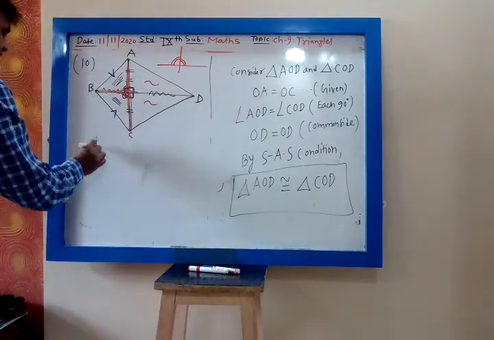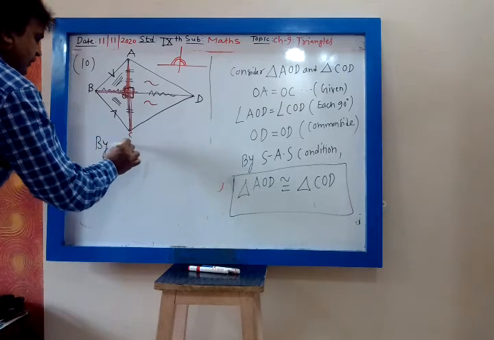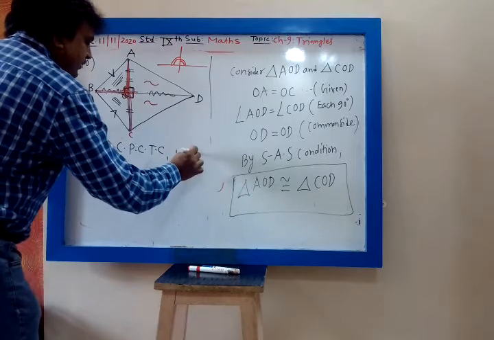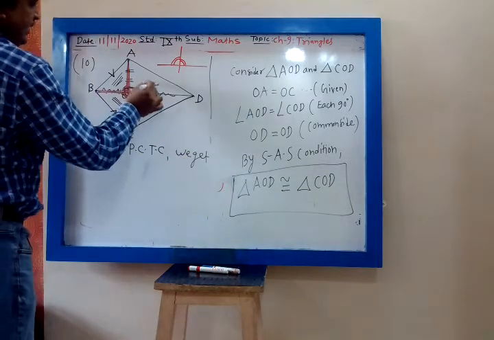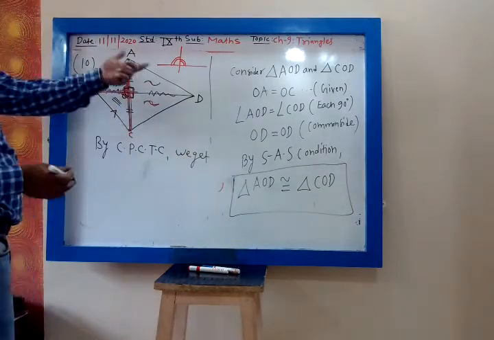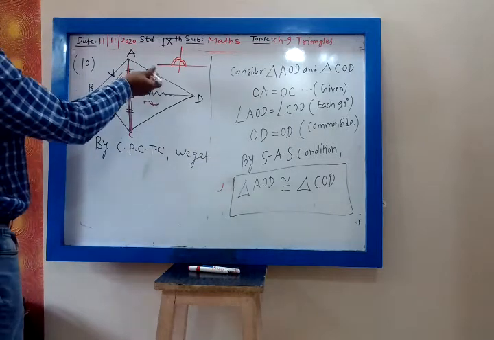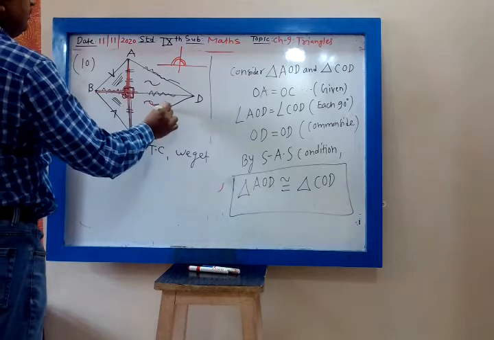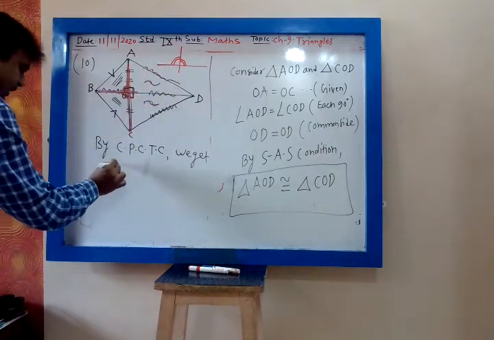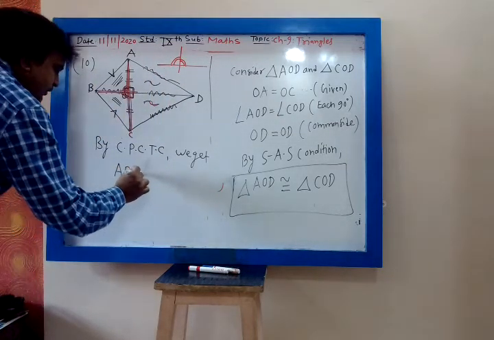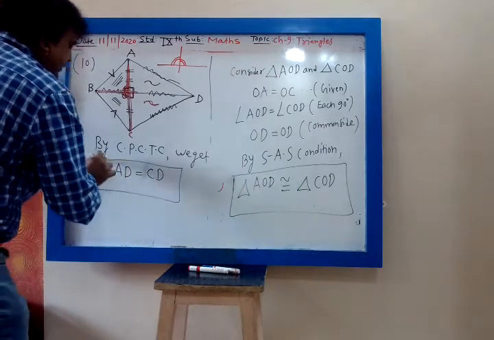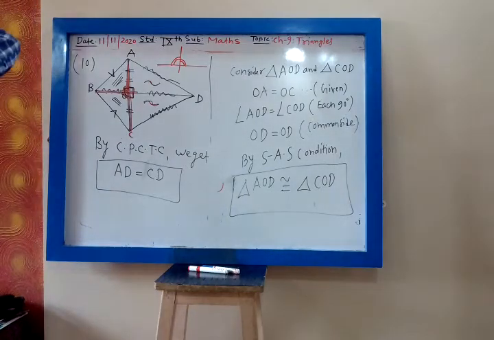So by CPCTC, these two triangles are congruent, so their corresponding sides are equal. You will get AD is equal to CD by CPCTC. The sum is over.